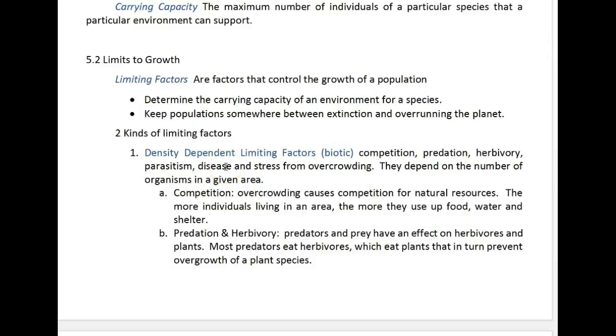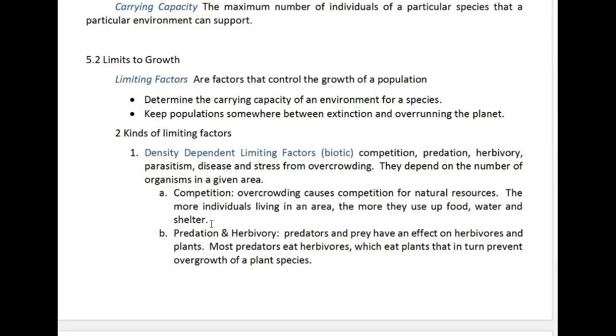Disease is also a density-dependent factor. Diseases can't spread without a population being there. And stress from overcrowding is also density-dependent. They depend on the number of individuals within a given area. So, taking a look at competition a little bit further, this involves overcrowding, and I go back to the deer activity that we did.